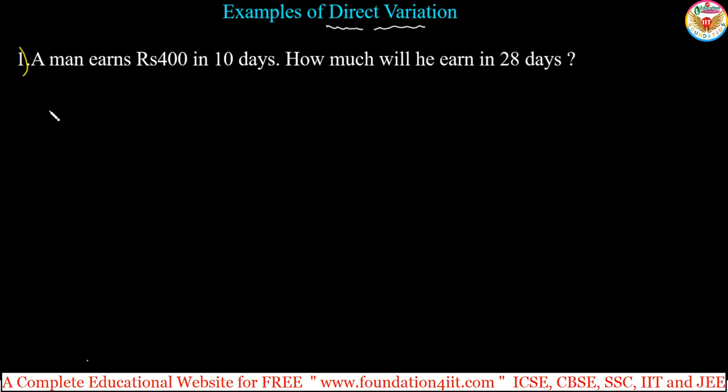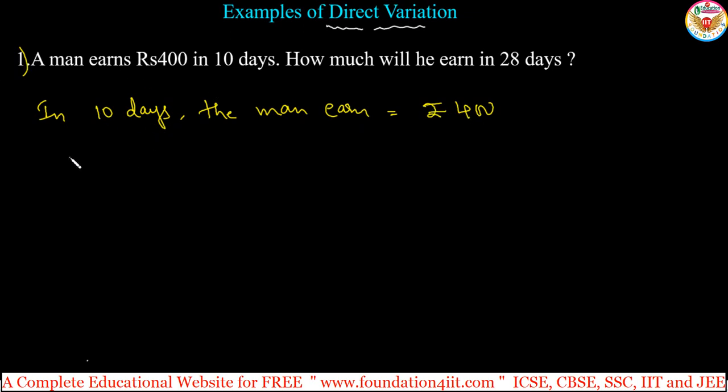In 10 days, the given question is the man earns rupees 400. If we earn 400 in 10 days, let us first find out what he earns in one day.